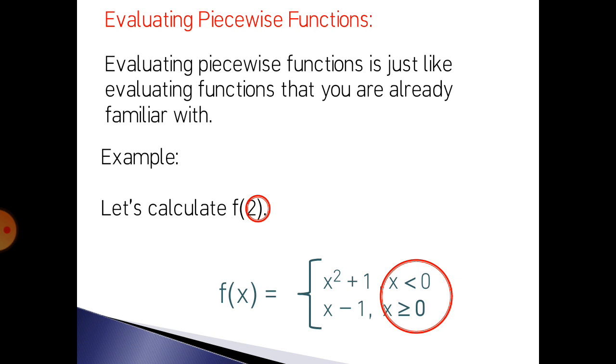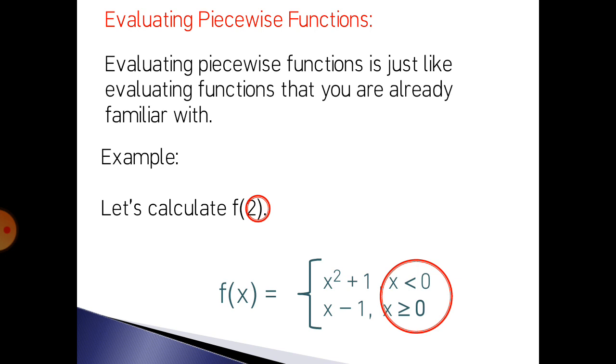So kung may 2 tayo, let's say we have f of 2. So ang x natin dyan is yung 2. So we have equation 1 here, f of x equals x squared plus 1, which x is less than 0. And we have equation 2, x less 1, x is greater than or equal to 0.